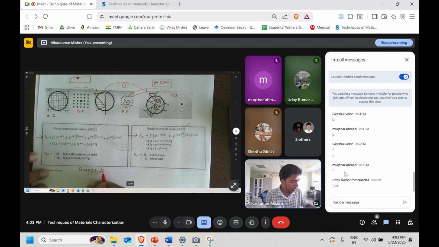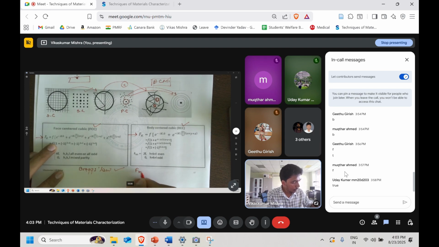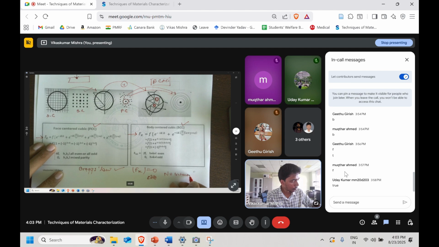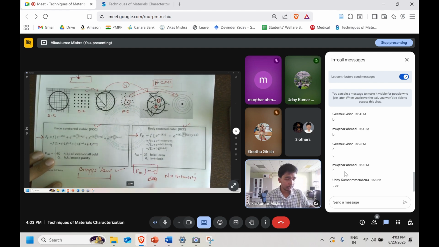But even if it's satisfying Bragg's law, if the structure factor is 0, then there is no diffraction; you won't see the intensity. So along with satisfying Bragg's law, it should also satisfy the structure factor. And if the structure factor is non-zero, then only you will get the diffraction pattern.